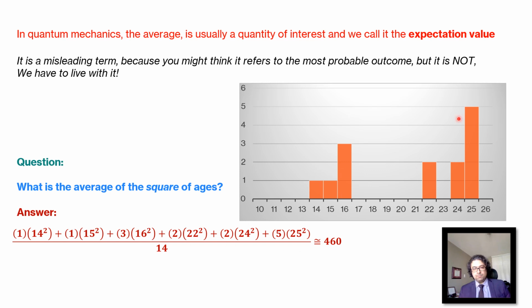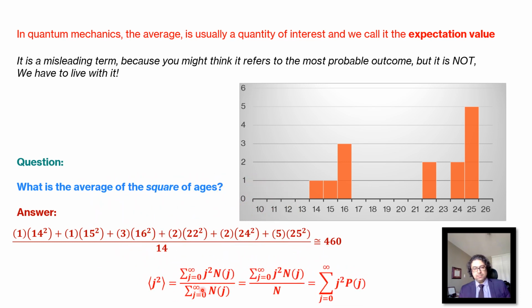Now, if I do that for this particular distribution, I'll end up with a number close to 460. Now, why is the average of the square of ages important? You will see in a few minutes. But this is just to give you an idea how to take averages of various quantities. Mathematically, this would be the sum of the squares times the number of individuals with that particular age divided by the total number of individuals in the room.